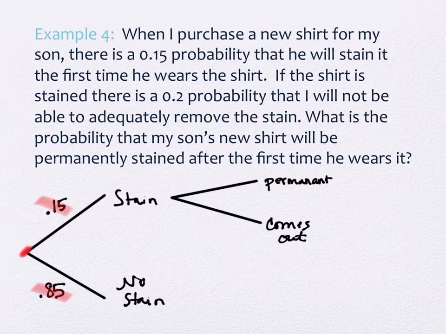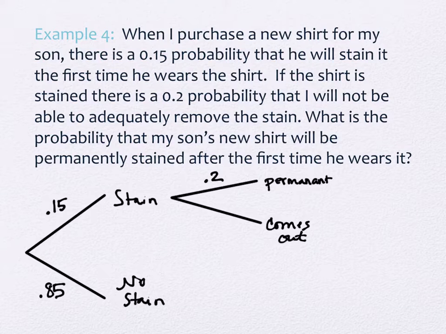They have to represent all the probabilities. So I can't have like a 1/5 and a 1/5 because I'm missing 3/5 if so, right? I've got to have all of it add up to 1. All right, we have 2 more branches to fill in. If he stains it, it's either permanent or it comes out. What is the likelihood that it is a permanent staining? 0.2.